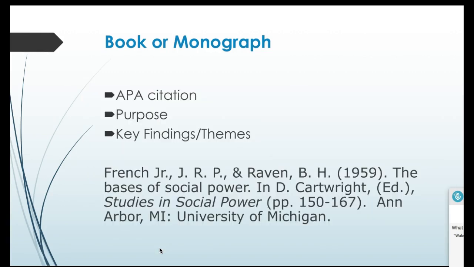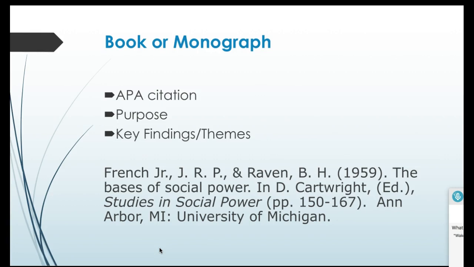In finding these, please provide an APA citation and the purpose of the article. Some of these may be empirical research articles, but some, and this one's a great example, are mostly opinions or theoretical frameworks.